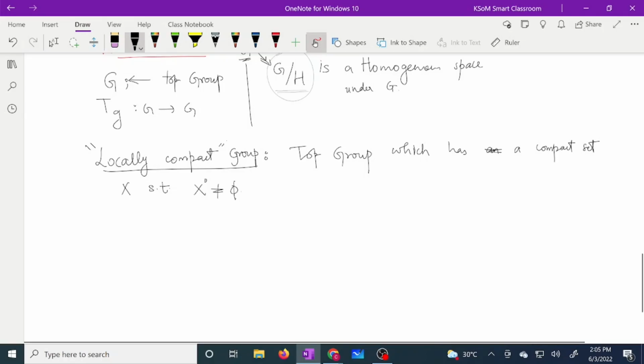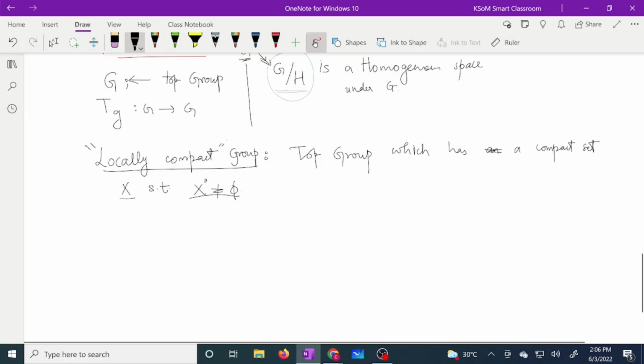You can translate open sets, you can translate closed sets by these homeomorphisms. If I have one such set which is compact with a non-empty interior, then I can translate that set and get compact neighborhoods around every point. Is that okay? So this is equivalent to the topological definition.